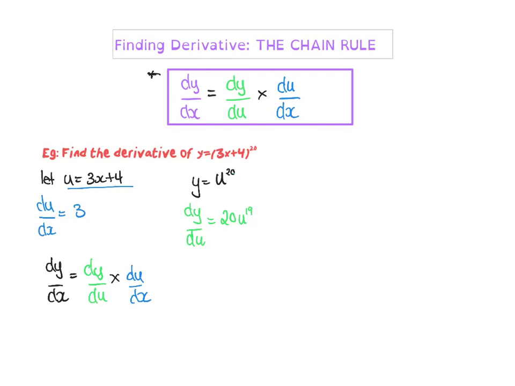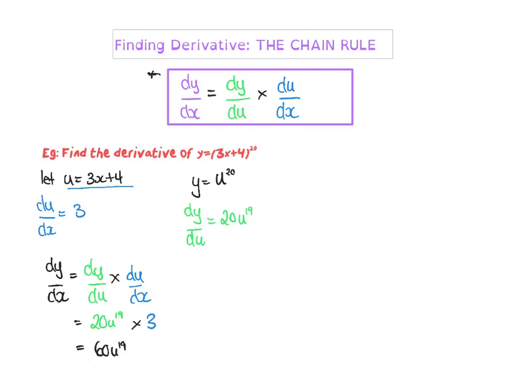So if we go and do that, dy/du was 20u to the 19, and we're going to times it by du/dx, which was 3. Then you end up with the answer for the derivative, 60u to the 19.